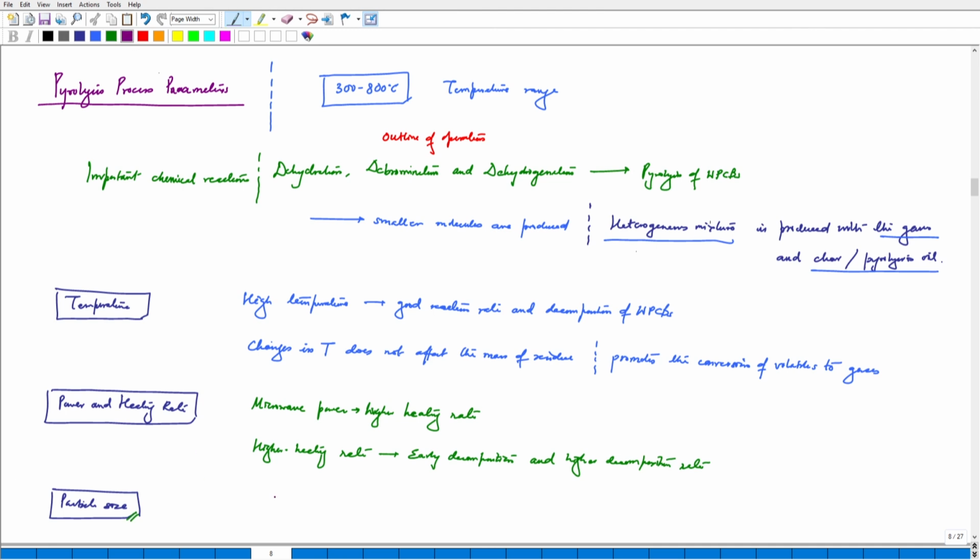Finally, we have the particle size. Now, this is something that we can debate. Suppose somebody has used powdered PCB, it leads to higher gas generation.